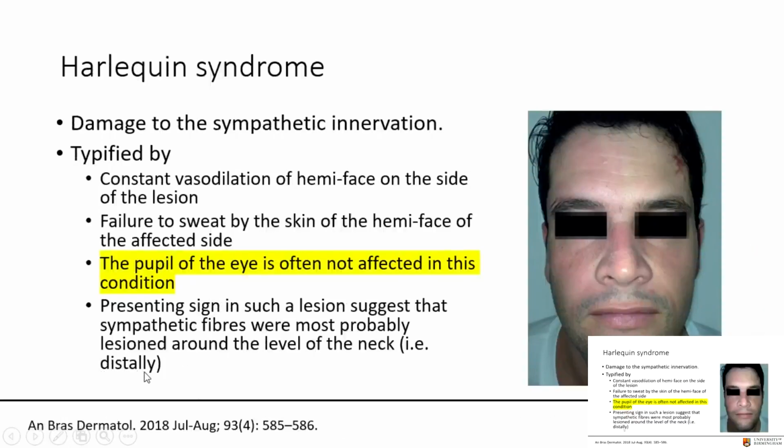Now, the Harlequin syndrome has a similar presentation, but the pupil of the eye is not dilated, or not affected, sorry. There is a lack of sweating as well, and the most characteristic symptom is the vasodilation of half of the face that will produce this inflammation and also redness.